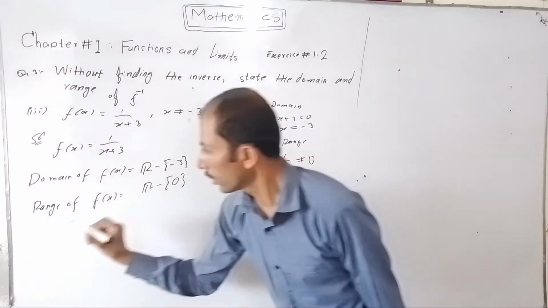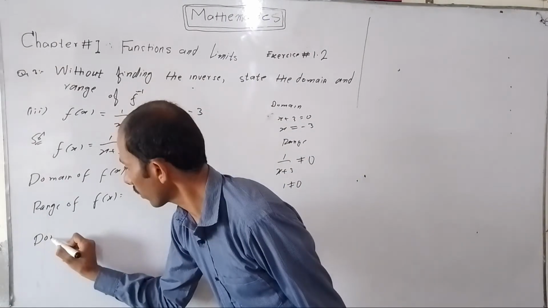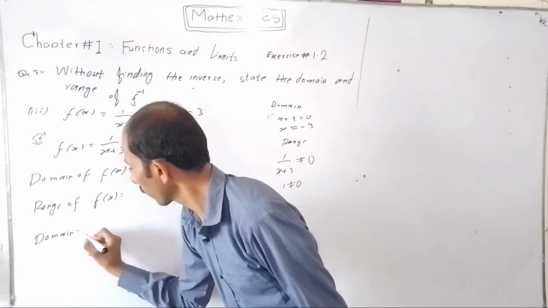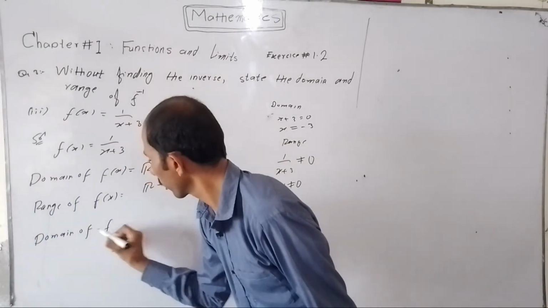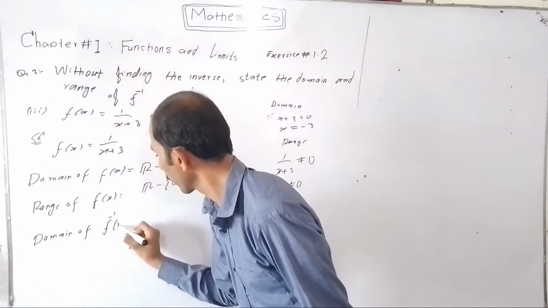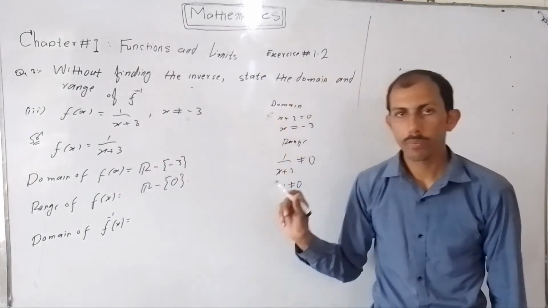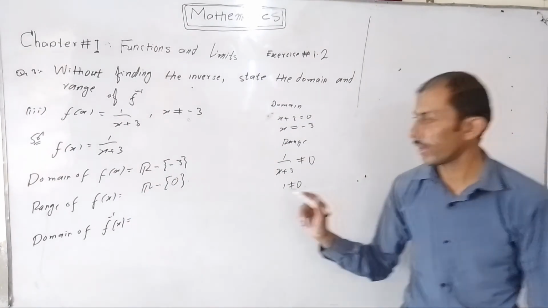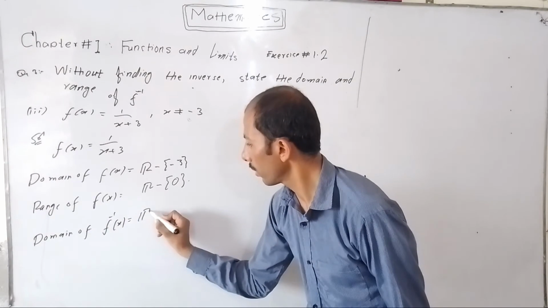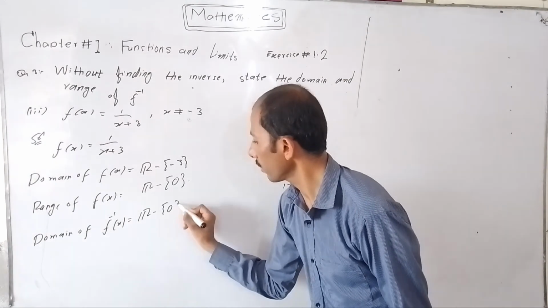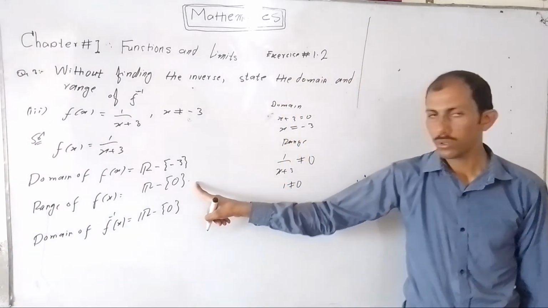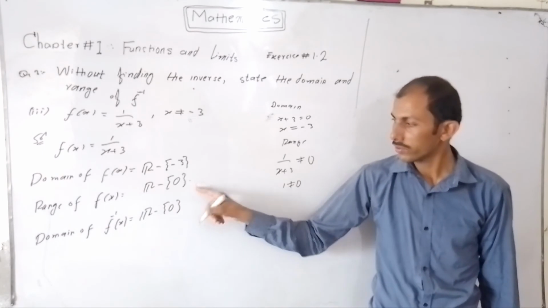Next, domain of f inverse of x is equal to the value of range of f of x, which is all real numbers other than 0. That is the value of range of f of x.